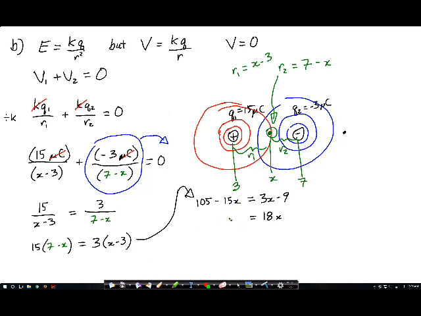And then 105 minus 9 is going to give me 96. But I forgot. I have to add 9 to both sides. So I get 114. And then solve for x, and I get x is equal to 6.33 meters. And that would be a point where the potential is 0.